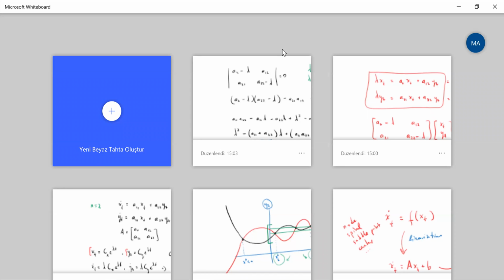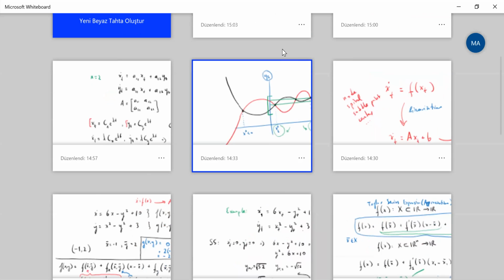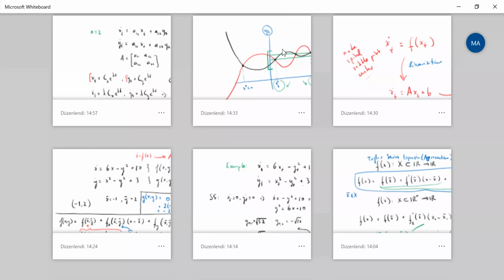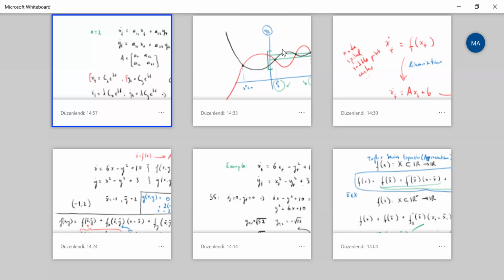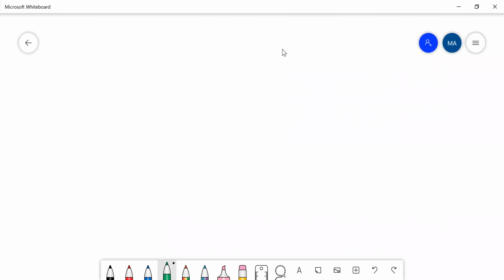Now, we had this example system, which we linearized. So x dot equals 6x minus 4y and y dot equals minus 2x minus 4y.